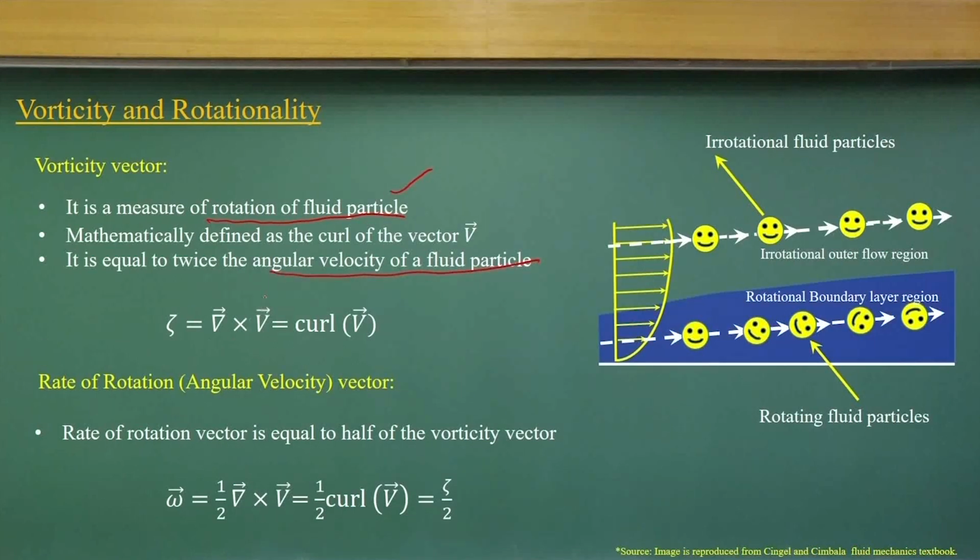So, it is the curl of V, and half of the curl of V is, as you know, the angular rotation. You just substitute the V functions and do the cross product, divide by 2, and you get the rate of rotation.